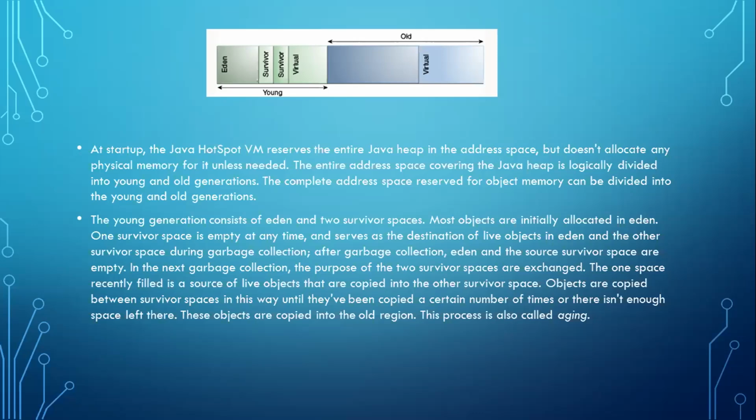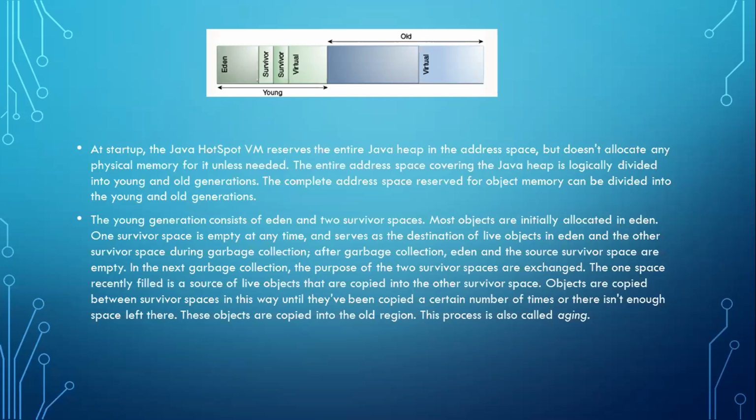If you dive further into this young generation, you would probably see three more areas: Eden space, survivor space 0 and 1. Okay, let's not talk about the virtual space at this moment. It will get more complex, and we are going to cover it in the training session for sure. But just in a nutshell, young generation is further divided into three areas called Eden space, survivor space 0 and 1.